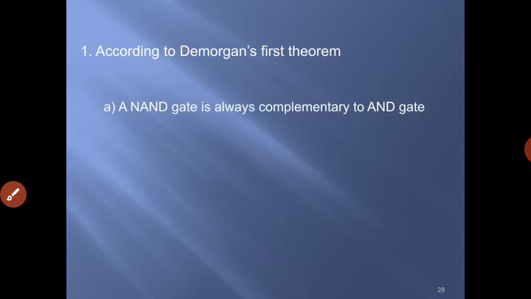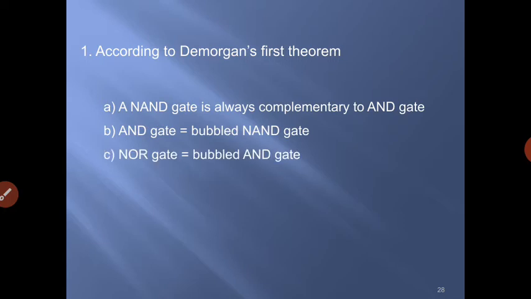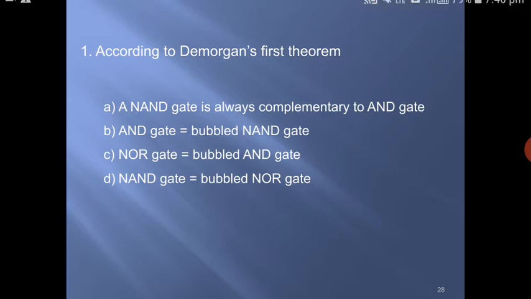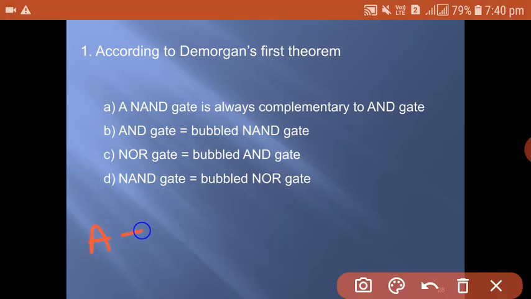According to De Morgan's first theorem, an AND gate is complementary to a NAND gate. An OR gate is a bubbled NAND gate, a NOR gate is a bubbled AND gate, and a NAND gate is a bubbled OR gate. What is De Morgan's first theorem? (A plus B) whole bar is equal to A bar into B bar. So (A plus B) whole bar is nothing but a NOR gate.